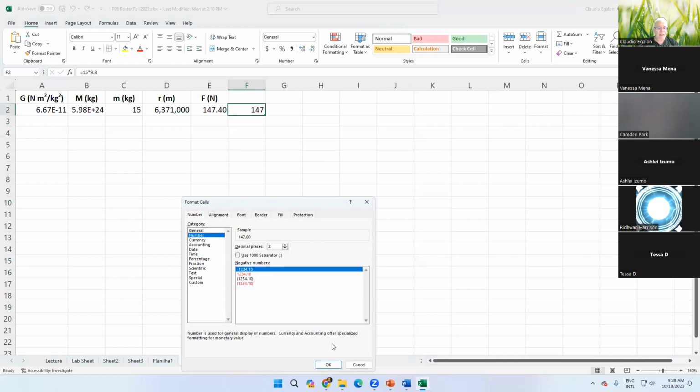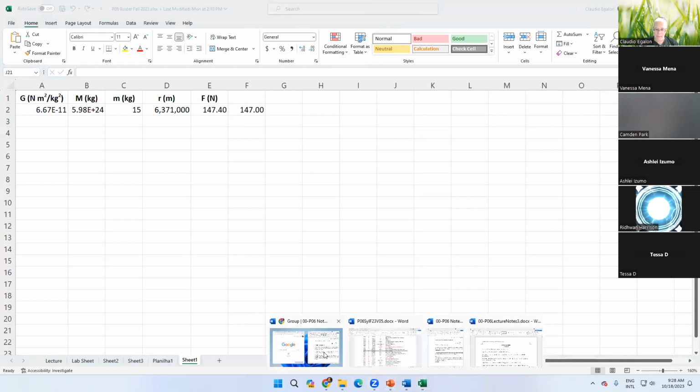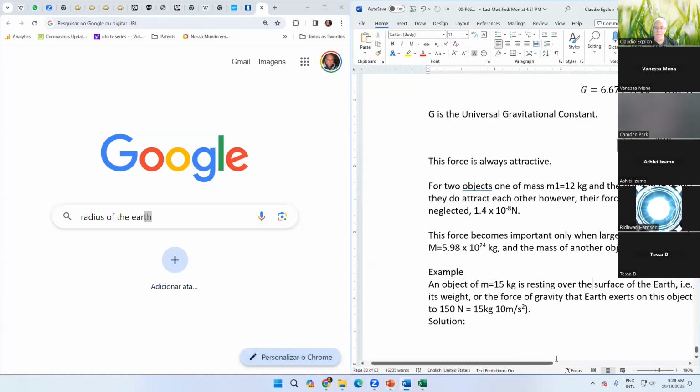147 even, just 0.4 difference. So that's what I'm getting.